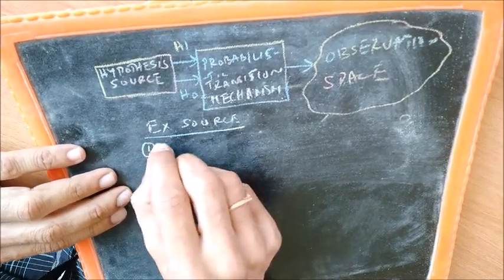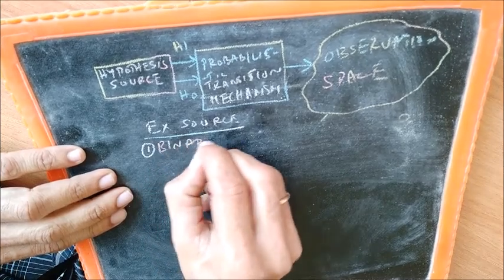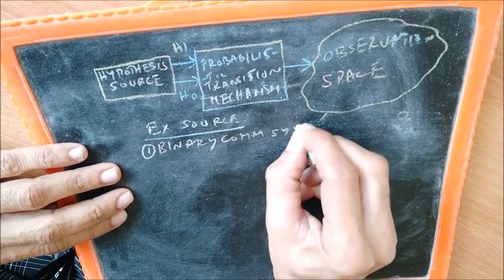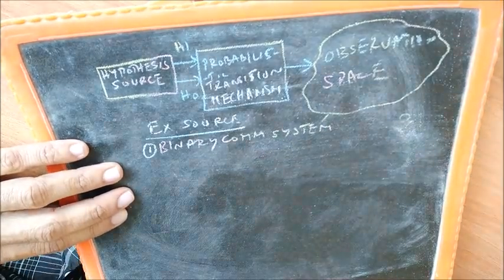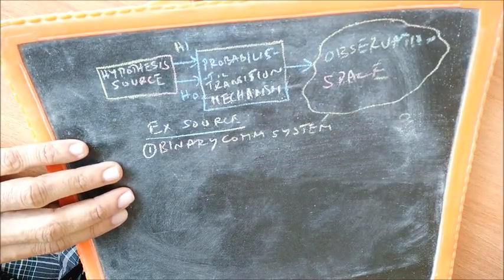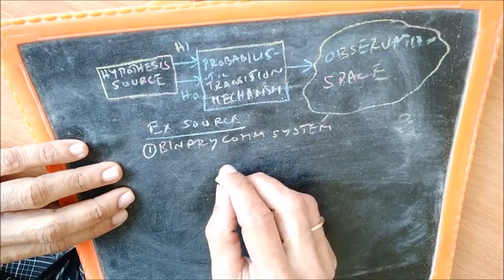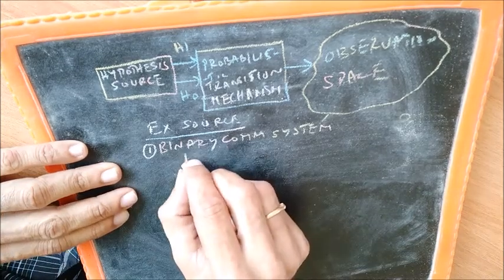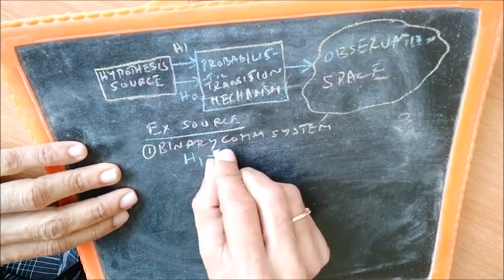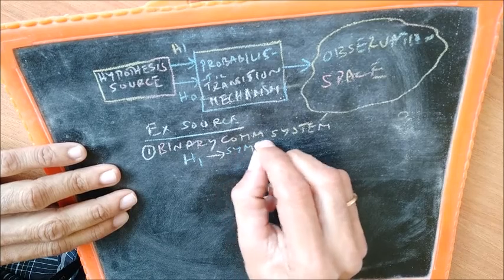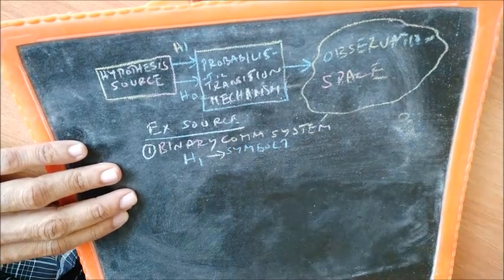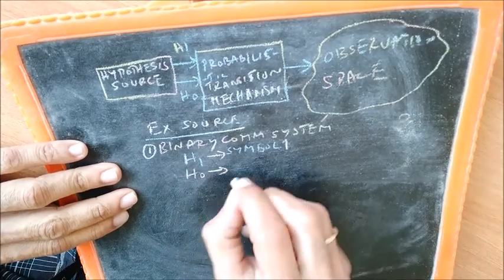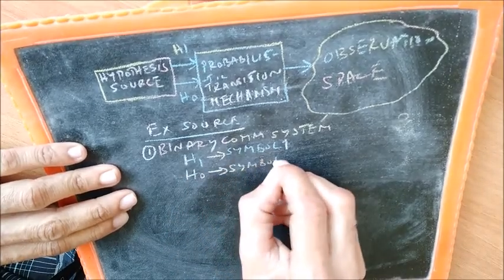It could be a binary communication system, the information source or the transmitter of a binary communication system. So hypothesis H1 would mean that symbol 1 was the output of the source, and hypothesis H0 would mean symbol 0.